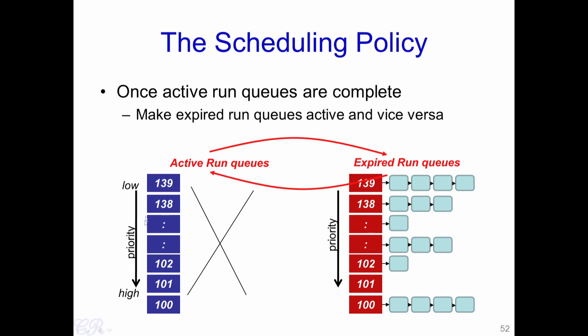When this happens, the scheduler would switch between the active run queues and the expired run queues. Now, this is the queues which actually becomes active, while this becomes the expired run queues. Now, for consecutive time slice completions, the scheduler would pick tasks from this particular queue and execute these tasks. After execution, these tasks would be moved to this queue over here, which is now the expired run queue.